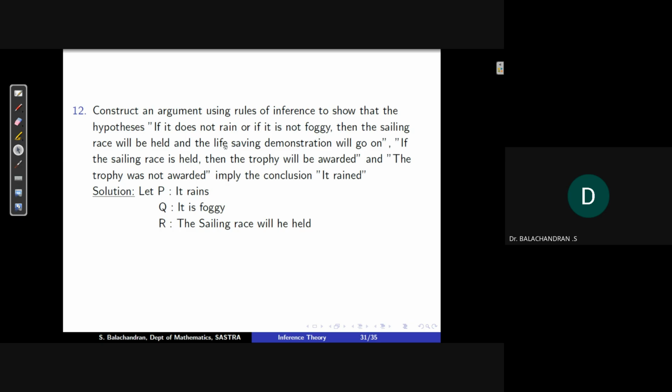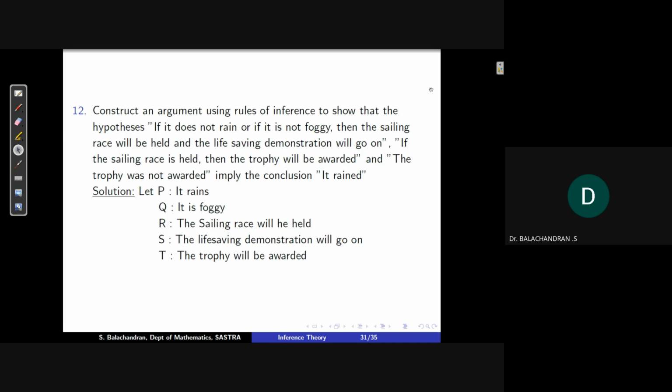S is the life saving demonstration will go on. T is the trophy will be awarded. That's all. Now we will write the premises one by one.